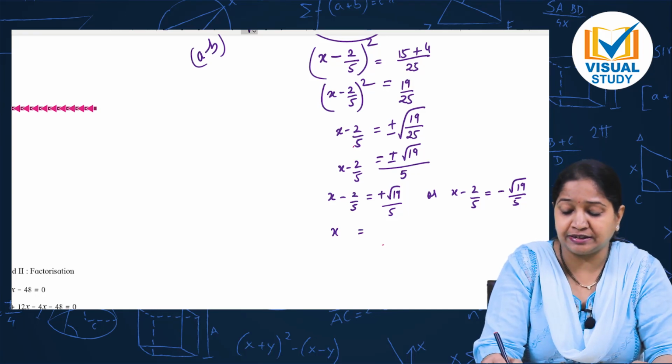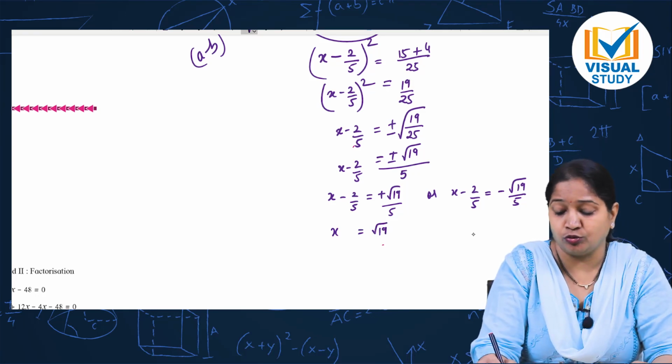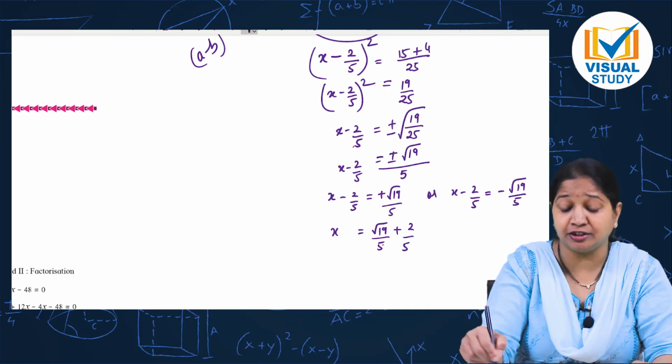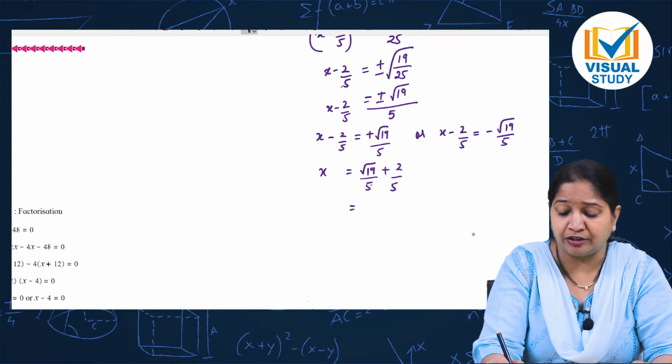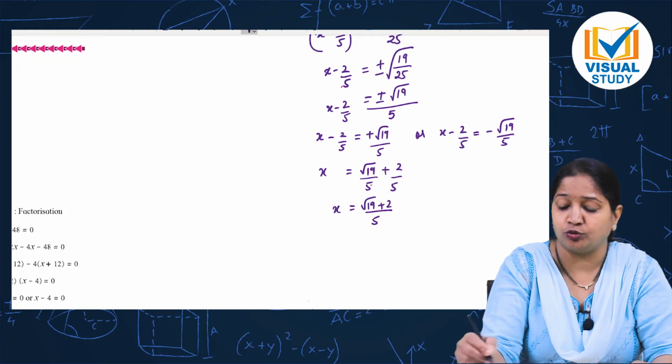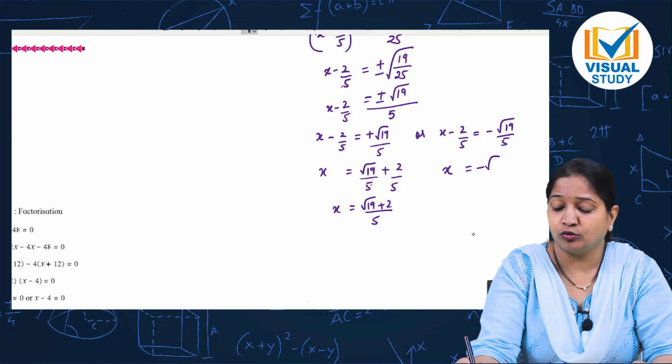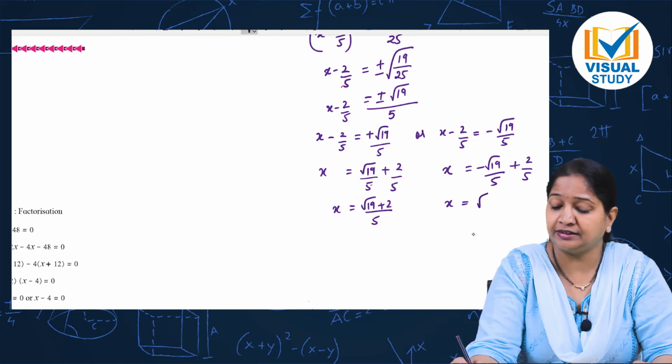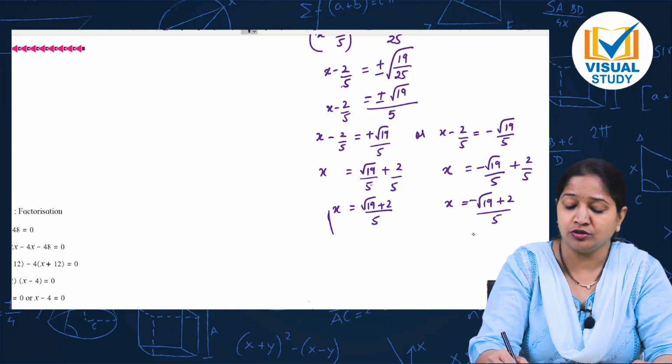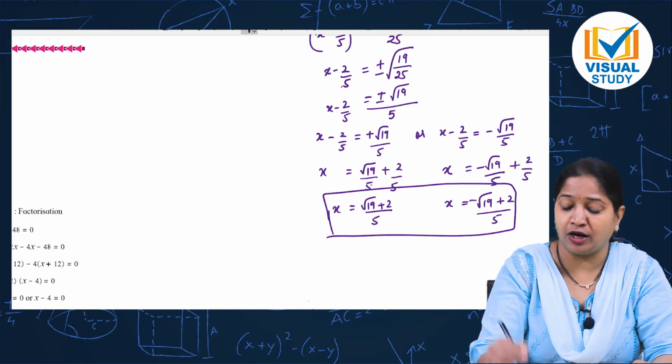So x is equal to root 19 upon 5 plus 2 upon 5. Shifting this 2 upon 5 to this side, and you get the final answer, that is root 19 plus 2 upon 5. Here, minus root 19 upon 5 plus 2 upon 5. x is equal to minus root 19 plus 2 upon 5. So this will be your two answers.